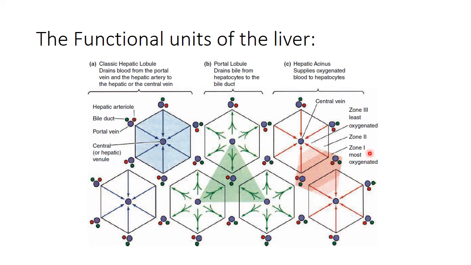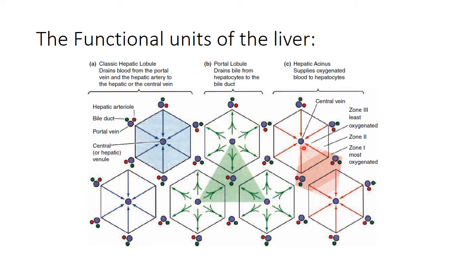The hepatocytes that are present in zone 1, which are the most oxygenated cells, are responsible for the oxidative metabolism, such as protein synthesis. However, hepatocytes in zone 3, for example, receive the least oxygenated blood. That's why they suffer the most in cases of ischemic necrosis of the liver.